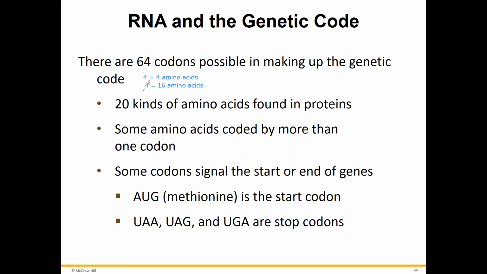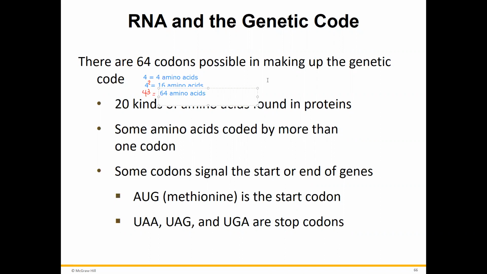But if the same 4 nucleotides, say we used 3 of those, well, then that's 4 times 4 times 4, and that would give us 64 possible codes. And we would code for 64 amino acids.